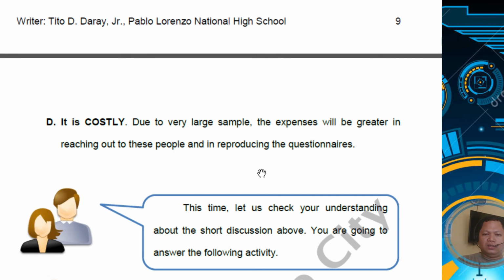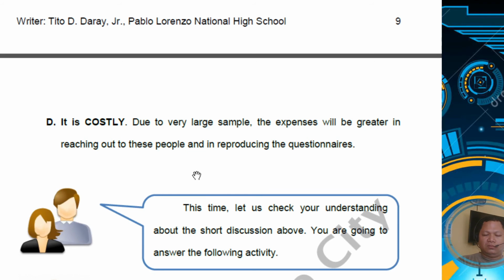So I spent a lot of money. To reduce the cost, I encourage you to reduce your questionnaires to 2 pages only.